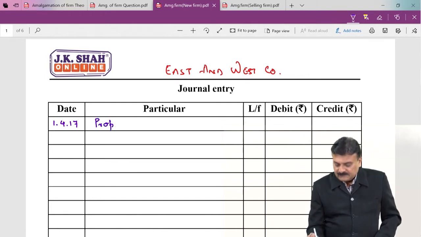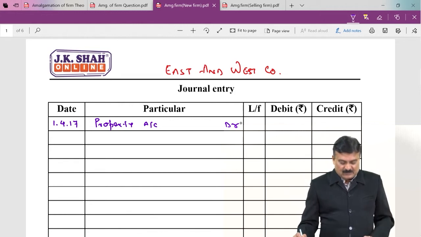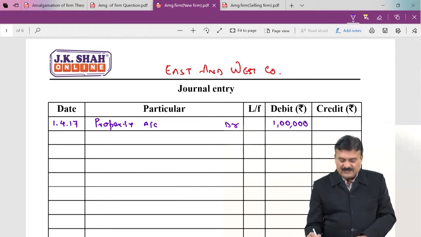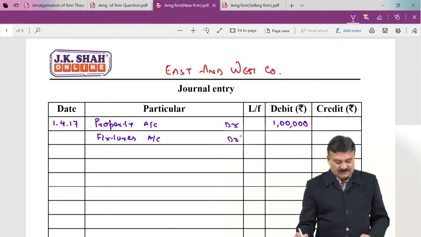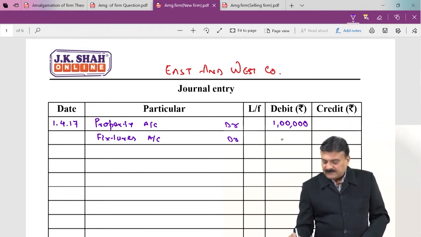So property account debit, that is available directly from your adjustment number B. Property is taken over only of the one firm, that is at 1 lakh. After property, balance sheet second figure is fixtures. So fixtures account debit. Look into the table of second adjustment. Fixture is also taken over of one firm, 16,000.